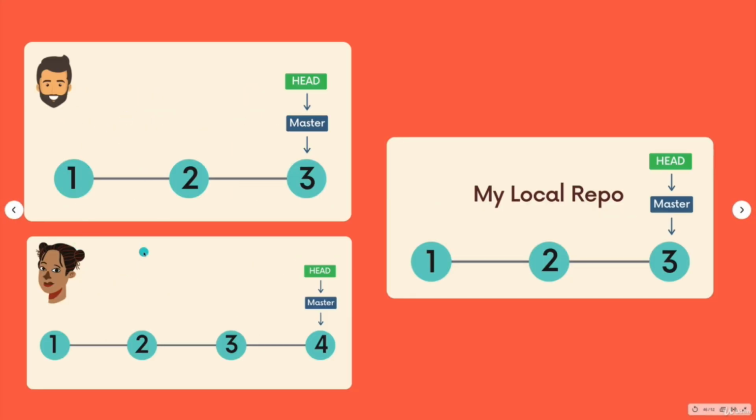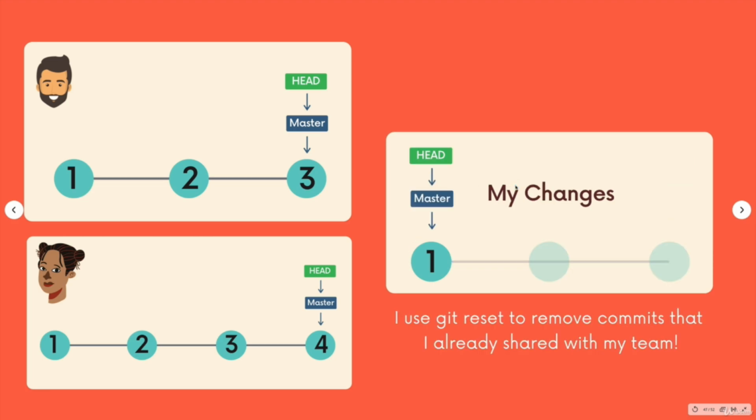I'm working with 2 friends, and here's my local version of my repository. I'm using just commit numbers here. So everybody has 1, 2, and 3, right? And also, my friend down here has done more work. She has commit 4 that she's worked on, and I don't have that. And neither does our other friend. Anyway, I realize I want to get rid of those 2 and 3 commits.